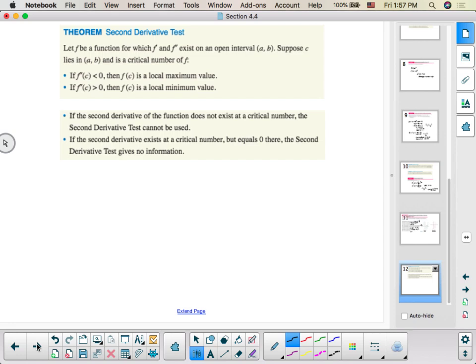And if the second derivative is negative, that means that you have a maximum value. And if the second derivative is positive, then that means that you have a minimum value, and that has to do with concavity. If the second derivative is negative, you're concave down, which makes a max. If the second derivative is positive, you're concave up, which makes a min.